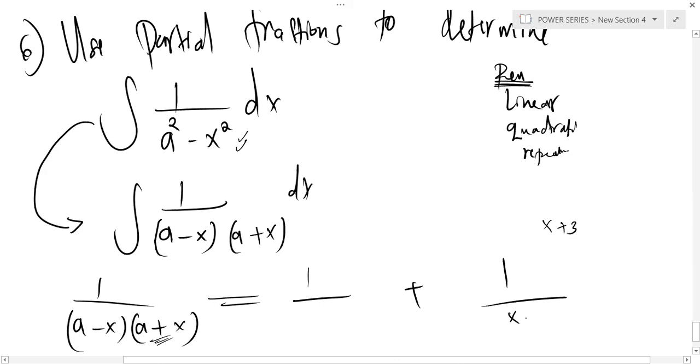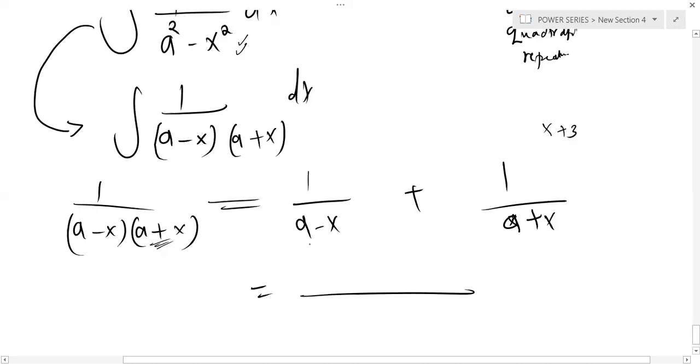You just open it with your x plus 3. So here we will have our x plus a, or a plus x. And then on this other side, we will just have a minus x. So putting this under the same LCM, we will have a minus x, a plus x into, how many times does a minus x go here?